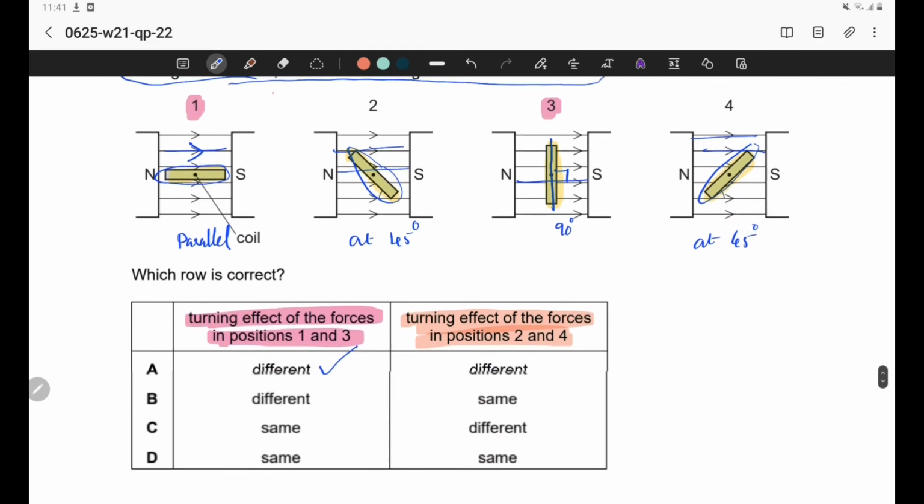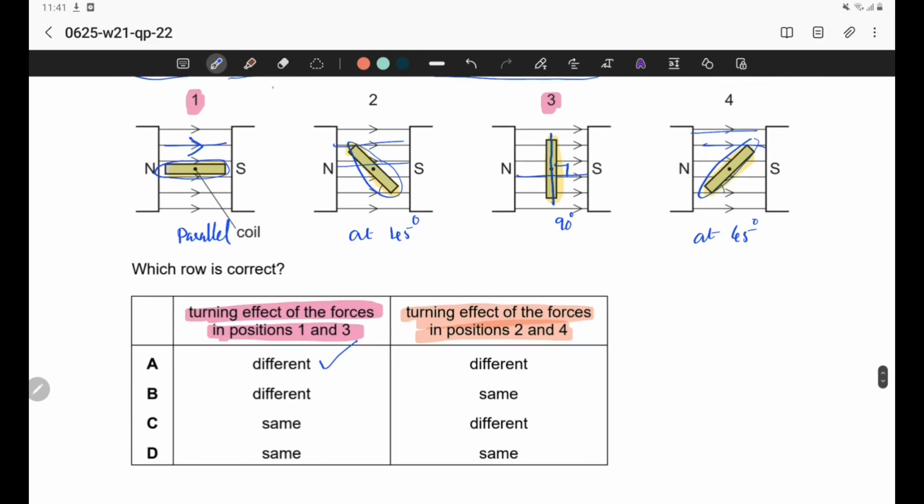So the angle between the conductor and magnetic field is the same for both cases, which is 45 degree, so the turning effect will be the same. But here option A says it is different, so this option is wrong.